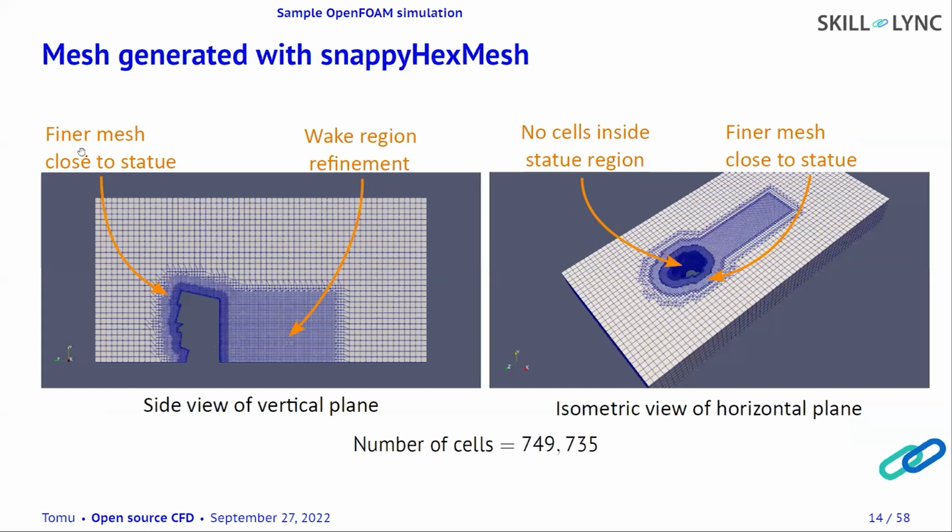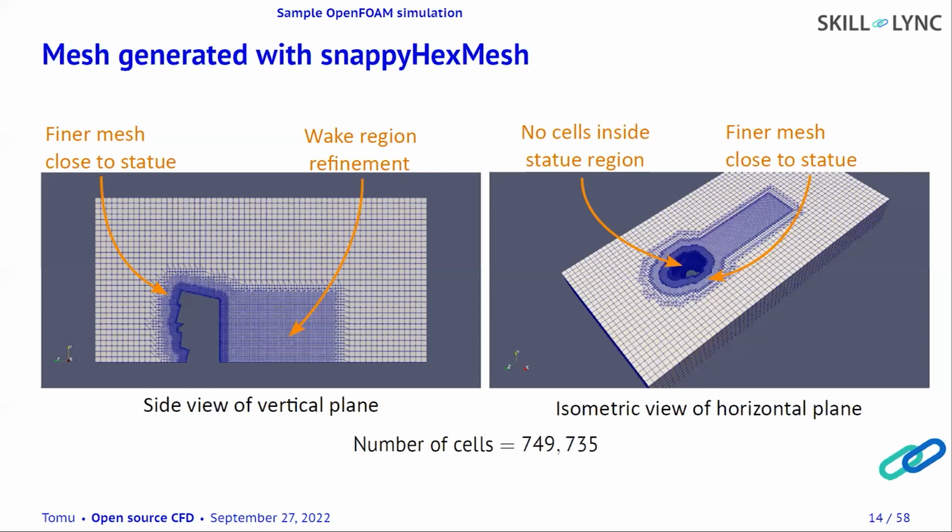Then you can see a finer mesh close to the statue, because the flow of air will not be uniform close to the statue. We will have to capture the movement around the statue, so we will need to use smaller cells around it. And then behind the statue itself, you can see a more refined region. This is to capture the wake region.